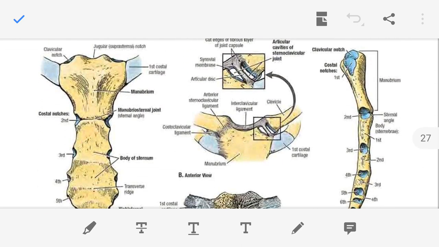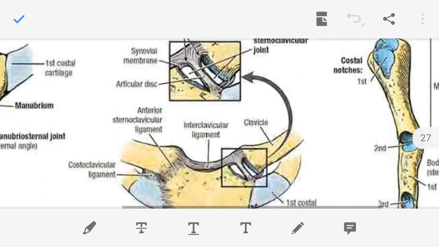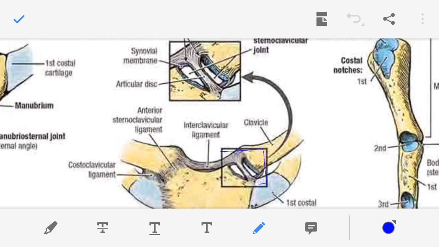Now this is the manubrium of the sternum. This one is the clavicle. The joint formed between the clavicle and the manubrium is known as the sternoclavicular joint. With the box, they are showing the sternoclavicular joint, and it is zoomed over here.